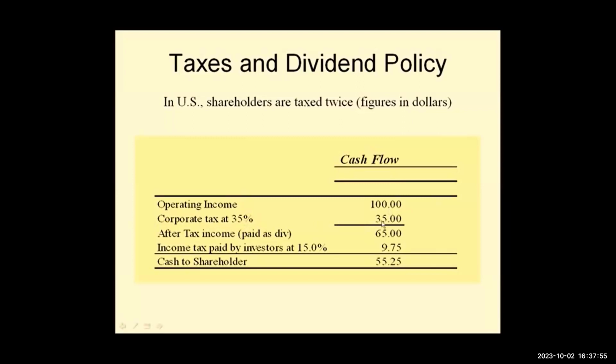So the firm pays $35 in corporate taxes, leaving an after-tax income of $65 that could be paid out as a dividend to the shareholders. Now, if the shareholders have a 15% tax rate on dividends, which is the case now in terms of tax law, they will pay $9.75 on their dividend payment, leaving a total cash to the shareholder of $55.25.